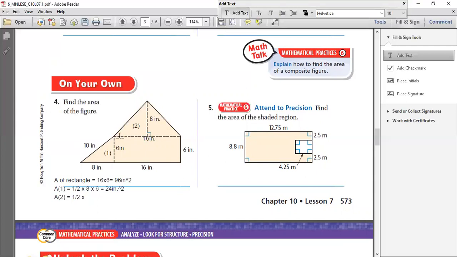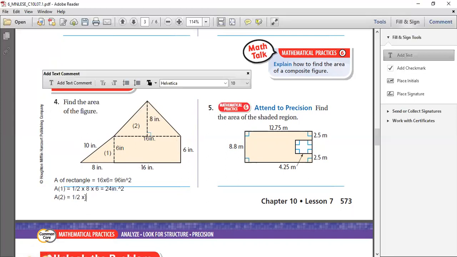Because they are sharing the same side of the rectangle. So the base of this triangle is going to be 16 as well. The height is given to be 8. They have already given you here. So half of 16 is 8. 8 eights are going to be 64 square inches.